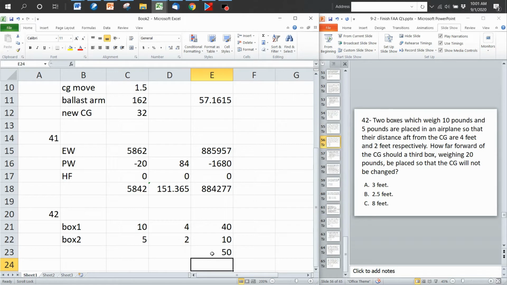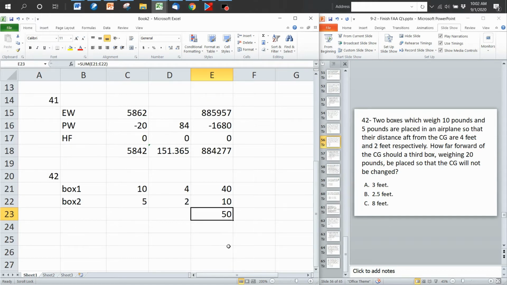These 50 pounds, it doesn't tell us which side of the datum they're on, so we don't know if it's a plus 50 or a minus 50, but what we know is that we have one more box, and this one more box is going to be placed in such a way that it has to have the same but opposite direction of its moment. To get that, we have several different ways.